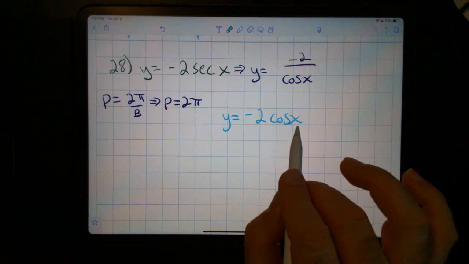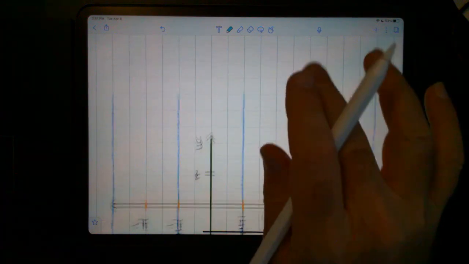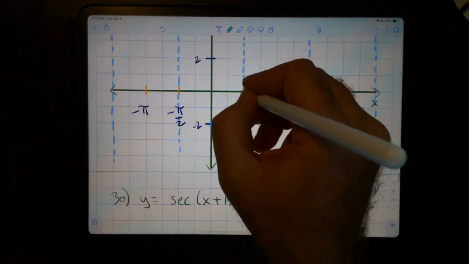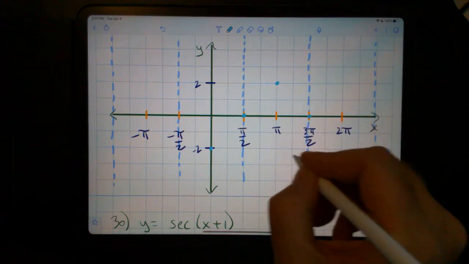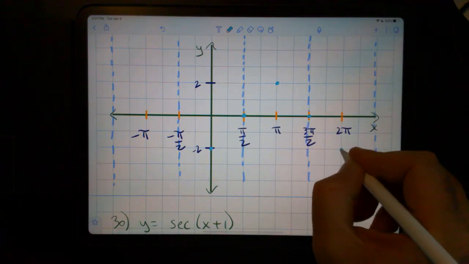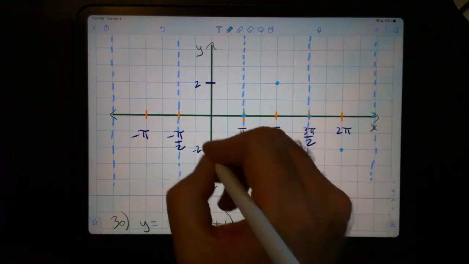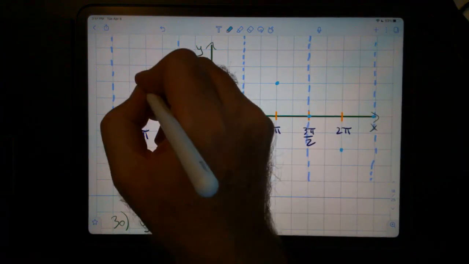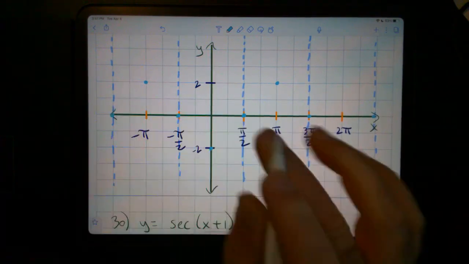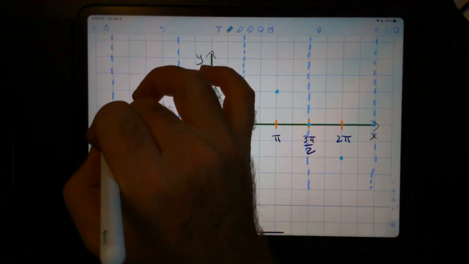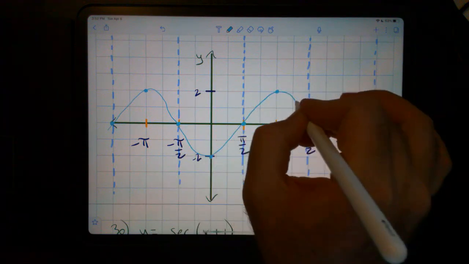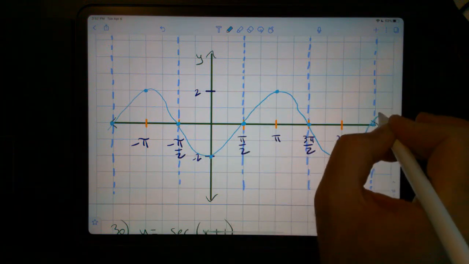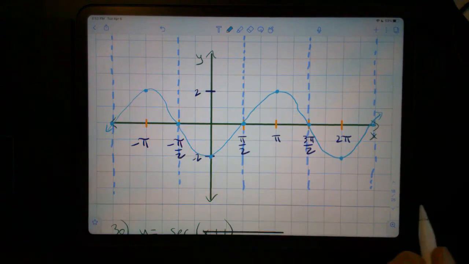When x is pi over 2, we get 0. And we can continue this pattern. Pencil in a nice smooth curve. This is your cosine graph. Actually, this is your y equals -2 cosine.